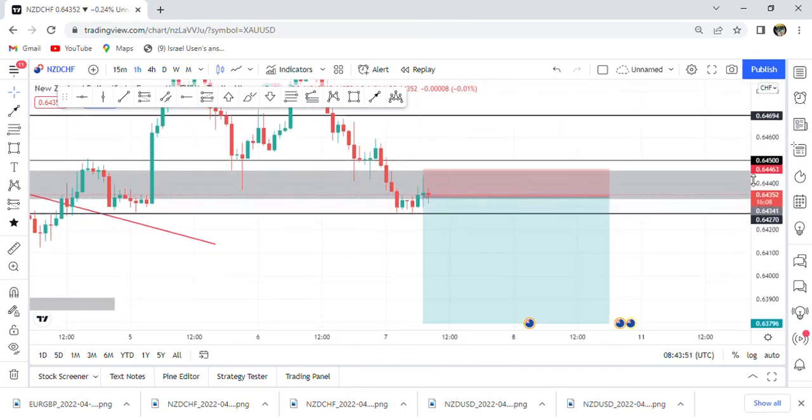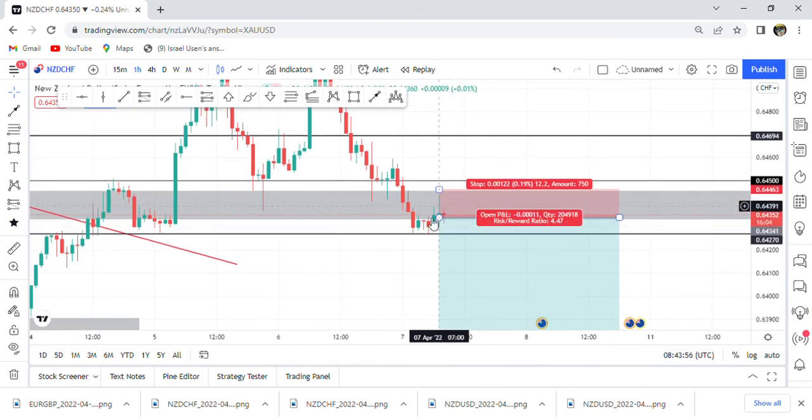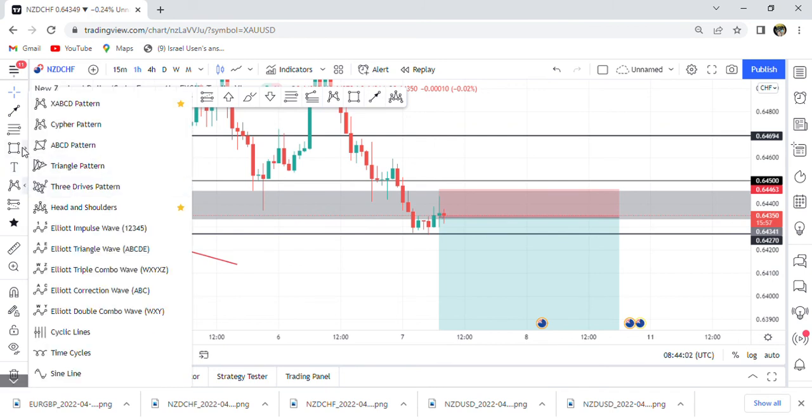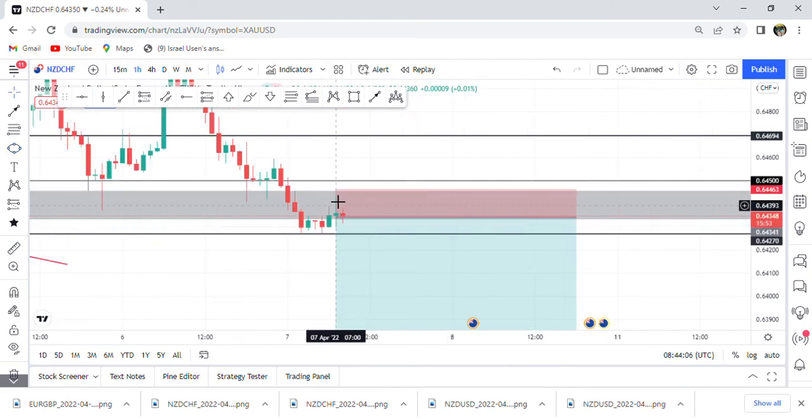Now this one closed in a beautiful reversal candlestick, an indecision candlestick, which is clear. We can actually see that at that price level there.